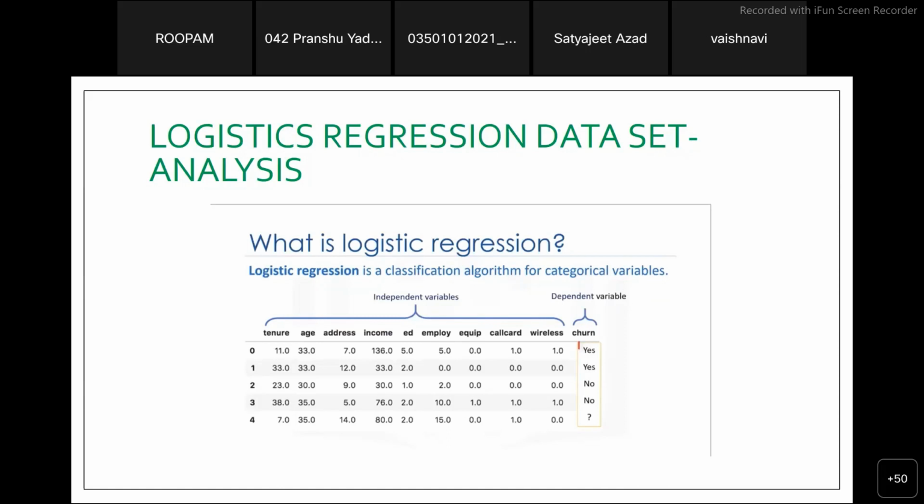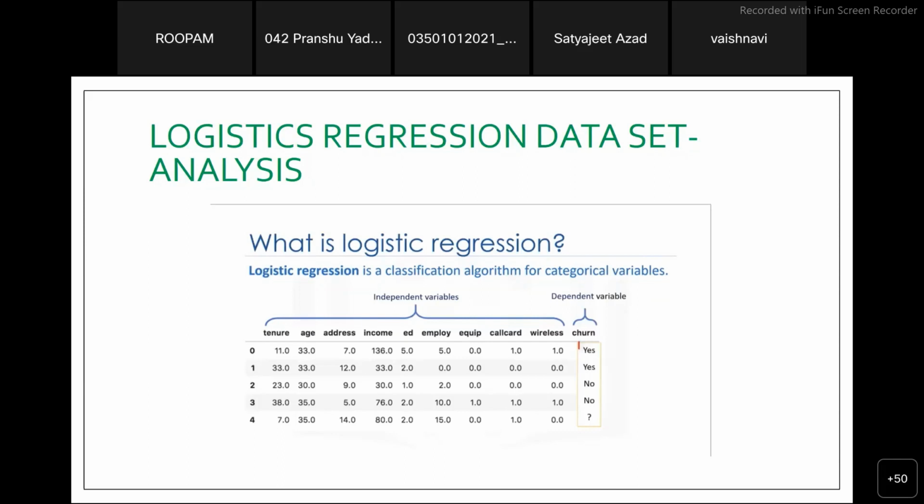Churn is a class and it has two labels, yes and no. Yes means you can put 1 when you encode it, and no could be 0. So I'm just showing how you typically see this in an Excel sheet, and how, by looking at the Excel sheet, you can figure out what kind of ML algorithm to apply, by looking only at the data set.